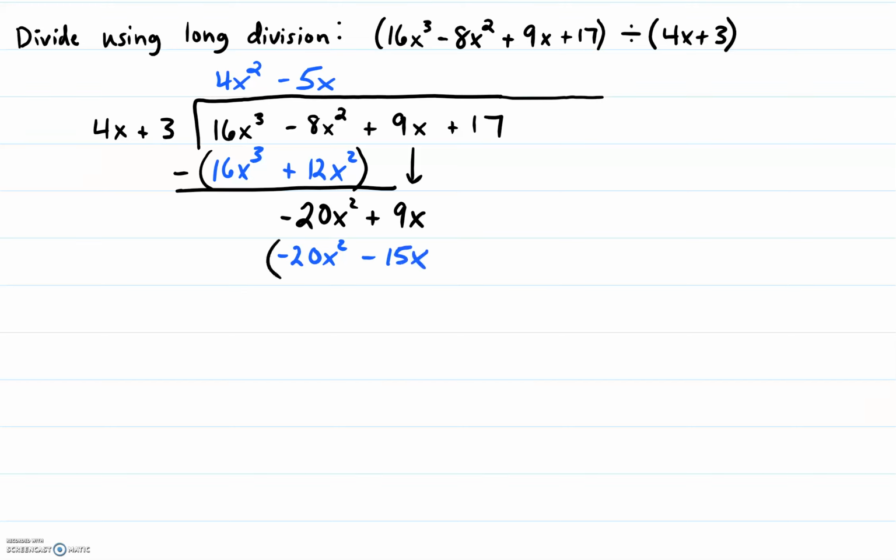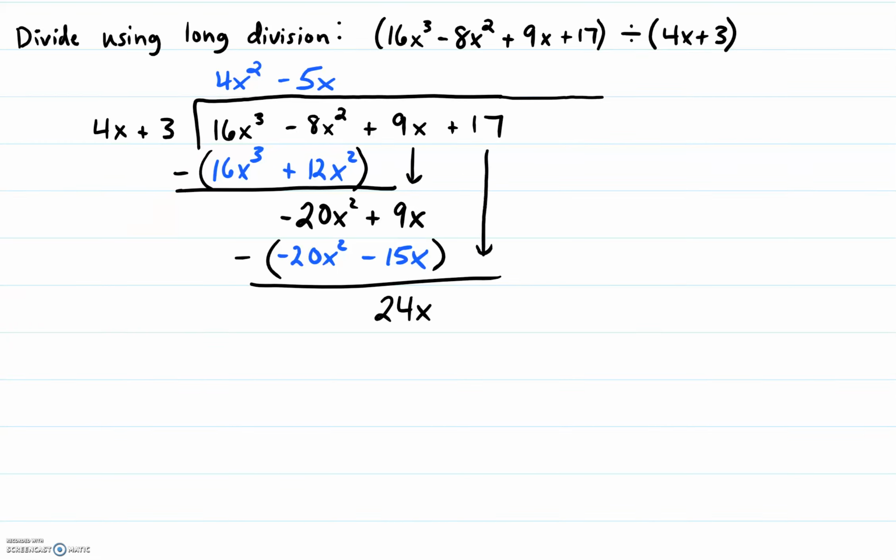Again, put that whole thing in parentheses, put a minus sign out front, draw your line and subtract. So negative 20x^2 minus a negative 20x^2, of course, is 0, because that would turn into a positive. And then 9x minus a negative 15x is going to give us 24x, because the 2 negatives cancel, giving us a positive, and 9 plus 15 is 24.